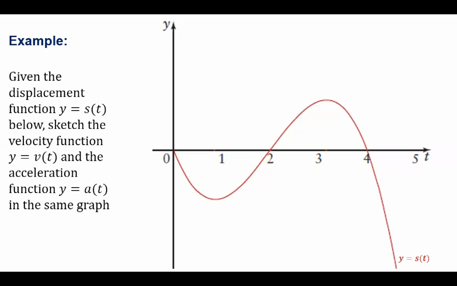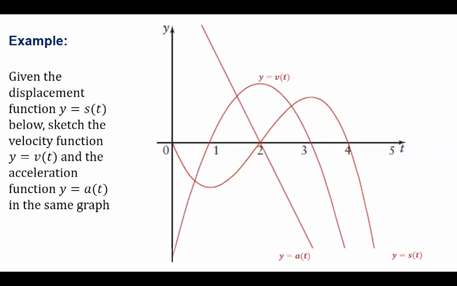Okay, let's have a look at the solution. First of all, there are two critical points for s(t), right? There is no instantaneous rate of change at this point and this point.